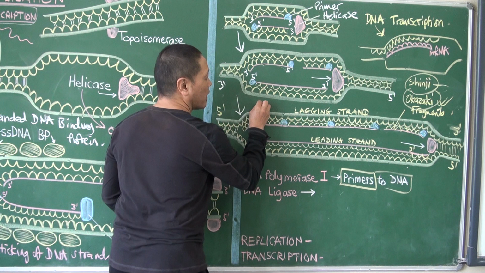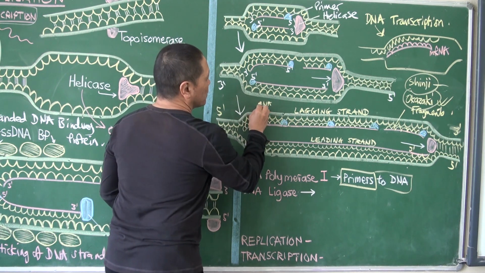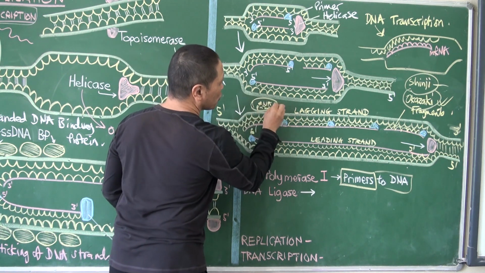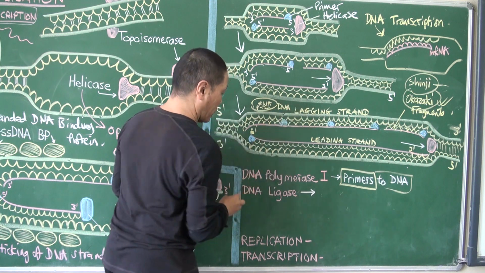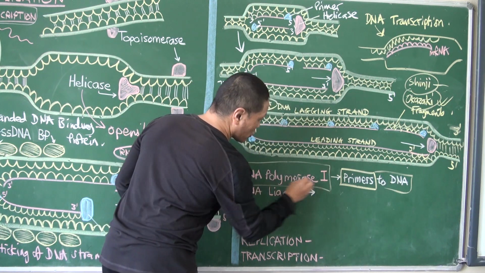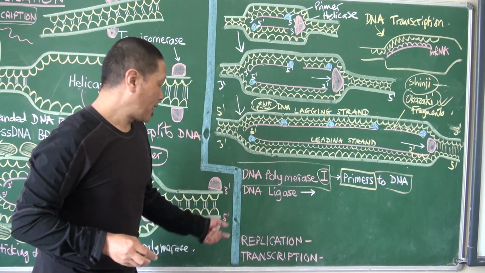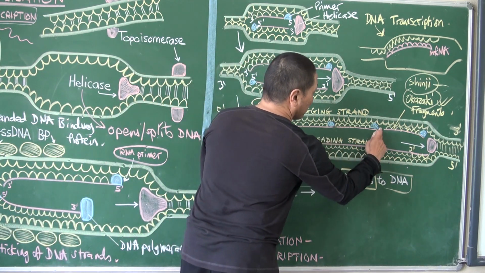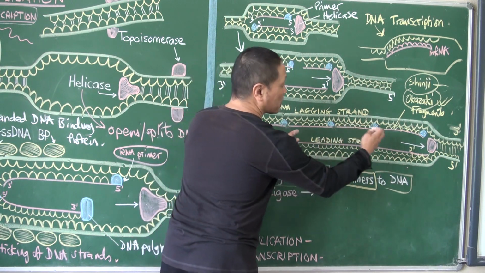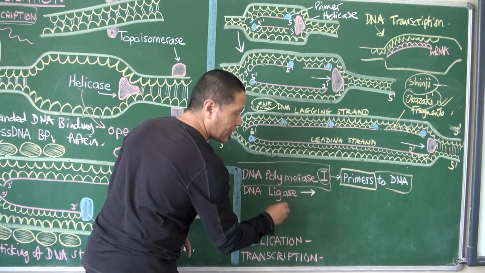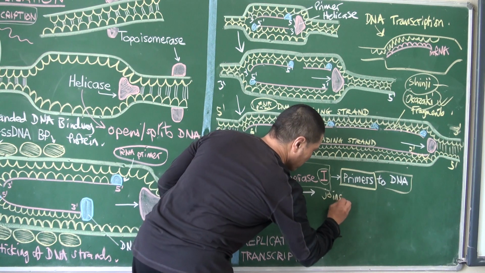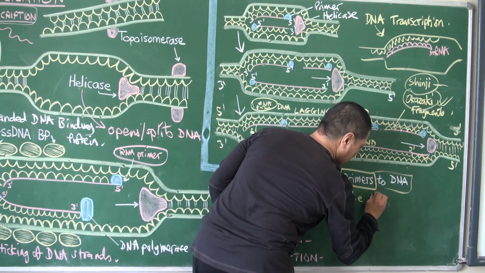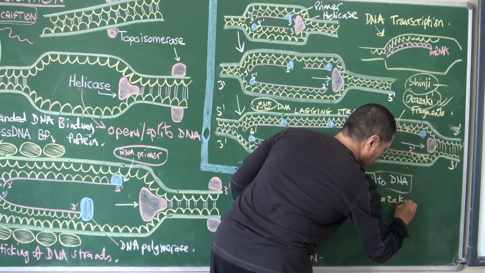So these RNA primers are converted to DNA by DNA polymerase 1. And DNA ligase: now these are fragments, they're not joined. These fragments are joined together by DNA ligase, which joins the Okazaki fragments.